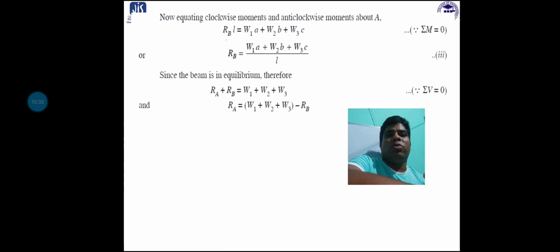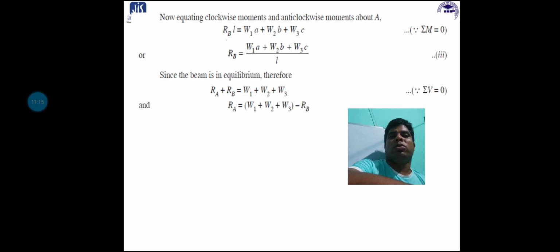Now equating the clockwise moment and anticlockwise moment about A, RB into L is equal to W1 into a plus W2 into b plus W3 into c. That means the summation of all moments is equal to 0. So RB is equal to (W1a plus W2b plus W3c) divided by L. Since the beam is in equilibrium, RA plus RB is equal to W1 plus W2 plus W3.